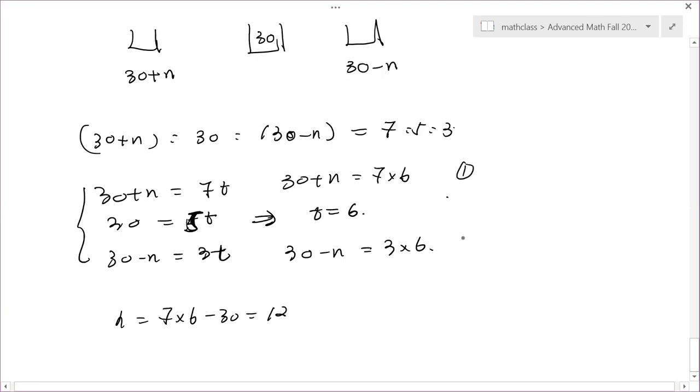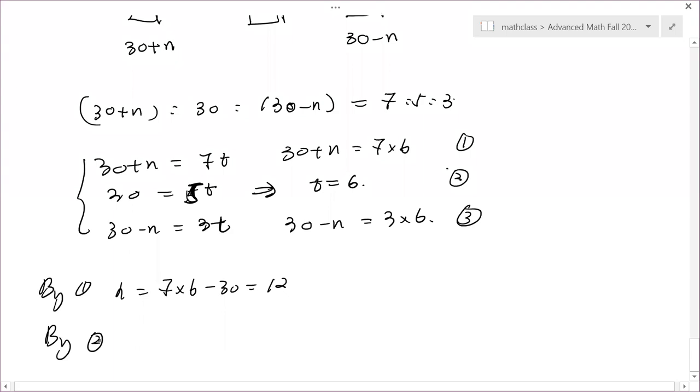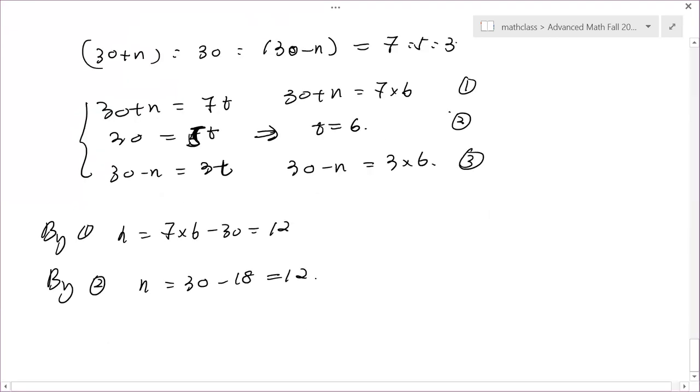The second equation is going to be n equals 30 minus 18. Great, they both give you the same n. So you're lucky, we just move one number to another, then keep the middle unchanged. So for this type of problem, you have to be very careful. Then you get the ratio you want.